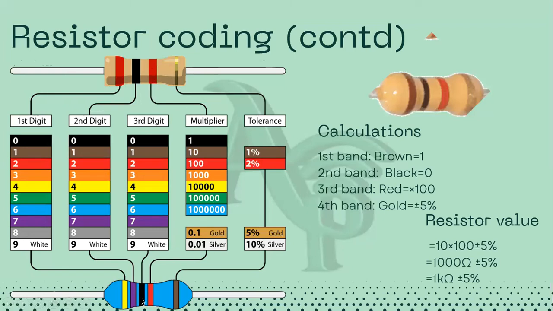So the third digit here is 0. We have 4, 7, 0. Then the fourth color band represents our multiplier. So we have 470 multiplied by 100. That will give us the value of this 5 color band resistor.